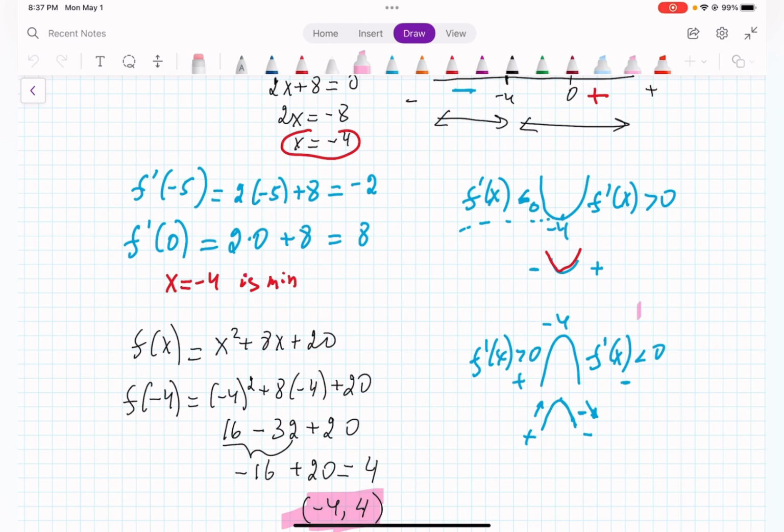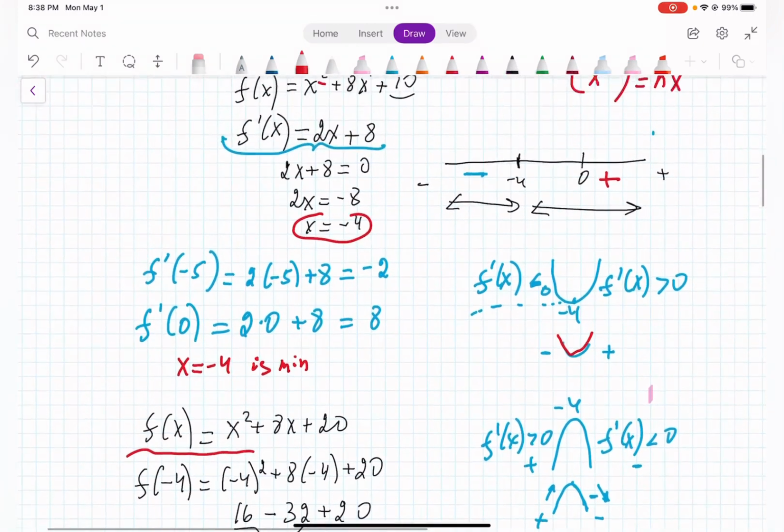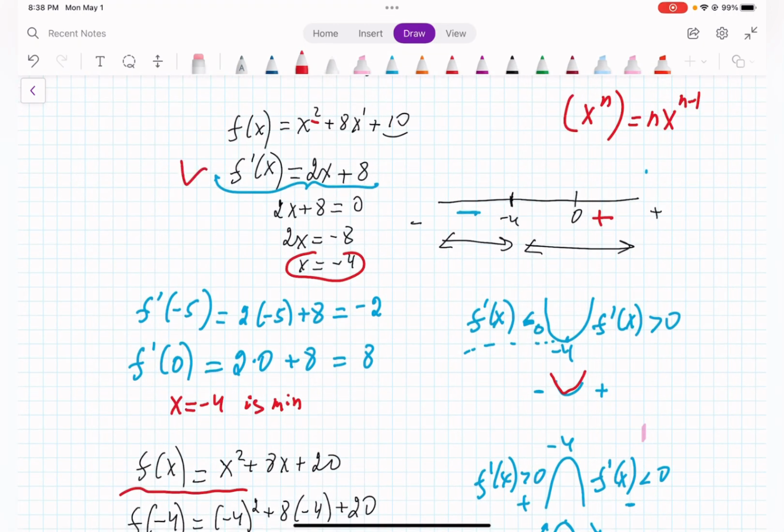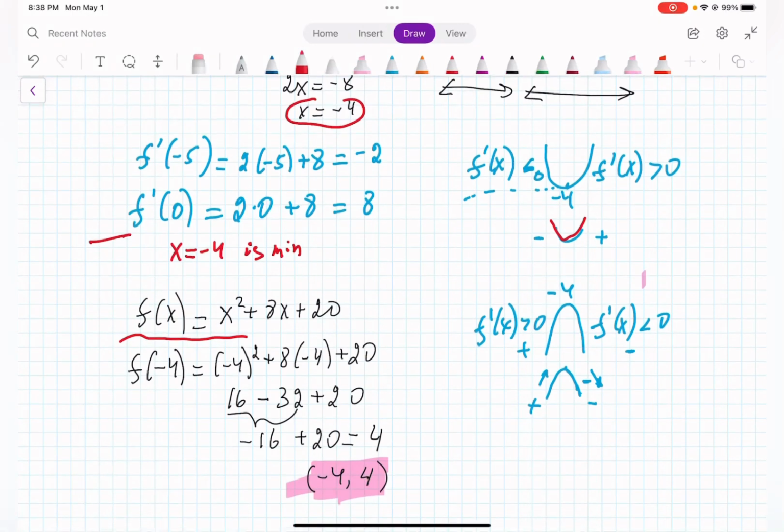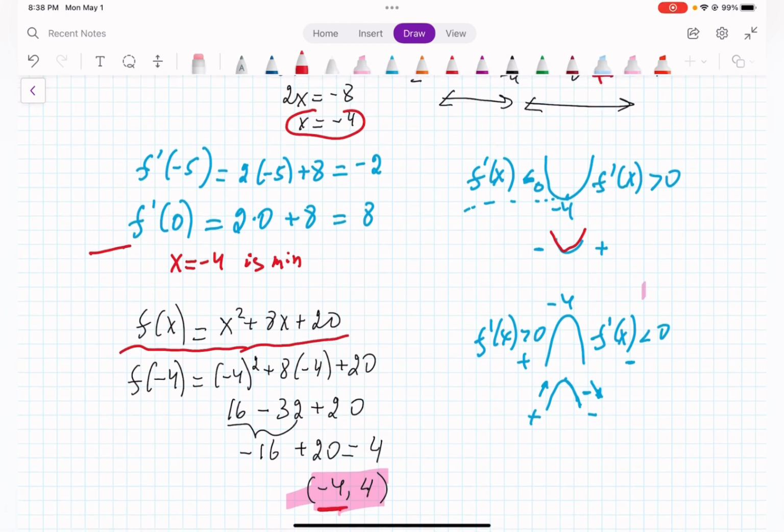But once we find a maximum or minimum, if we want to find the pair of that x, meaning how much the y is for that x, then we are plugging into the original f of x, not the derivative. Okay? See, this is our derivative. We use the derivative to find the critical value, but to find the f of x, meaning y, for the given critical value of x, we are using the original function. Don't forget that. Don't get confused.